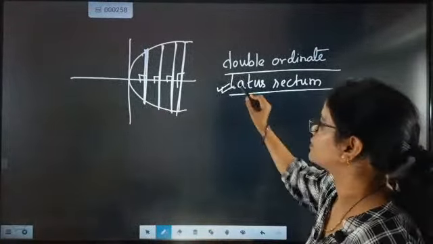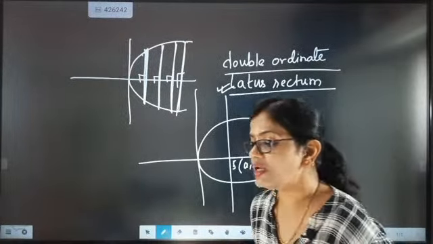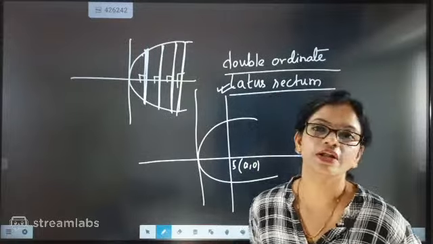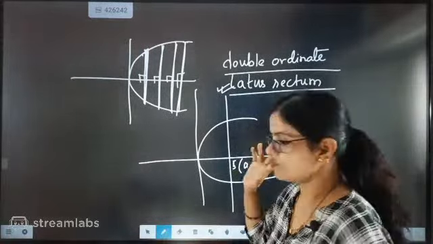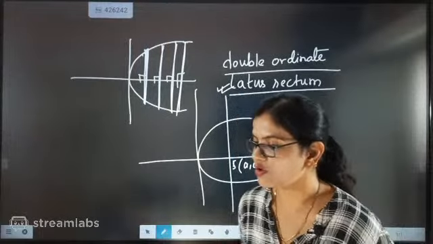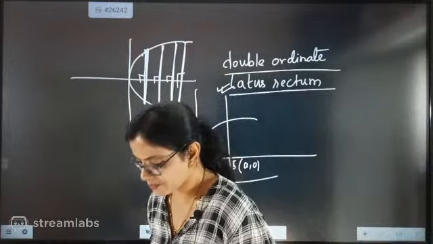Did you understand this point? What exactly is the latus rectum? The latus rectum is a double ordinate and it is passing through the focus. I hope you might have understood. Understood till here, beta? Come on, quickly tell me.